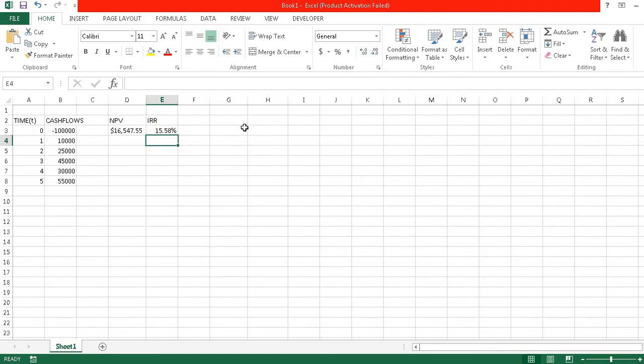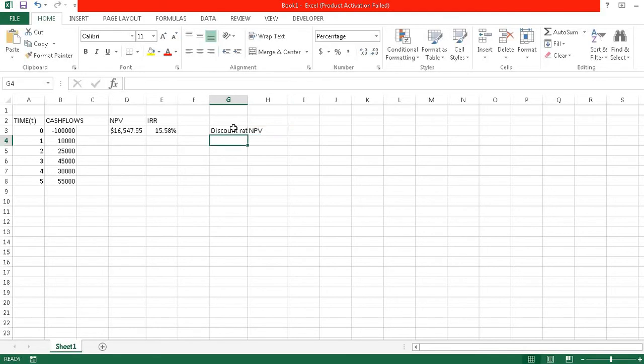Now let's see the relationship between these two. For that, we need to prepare a graph, and for the graph we need some data. So let's place some data. Discount rate, which is going to be the x-axis, and PV, which is going to be the y-axis of the graph.